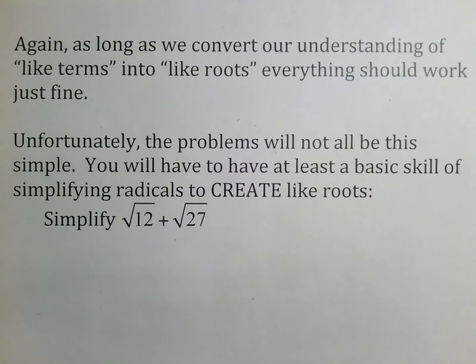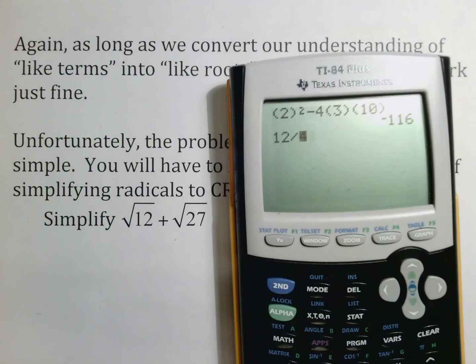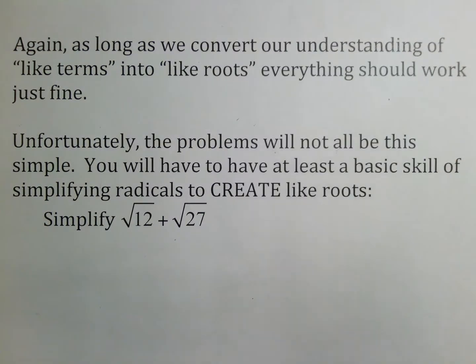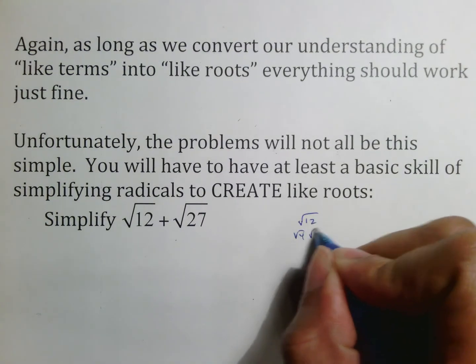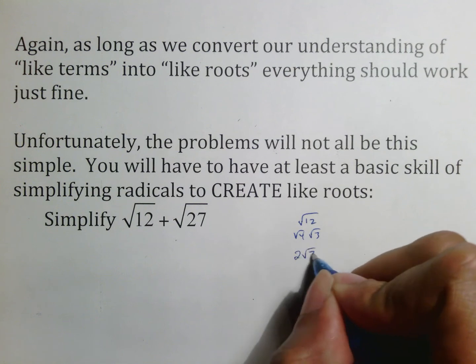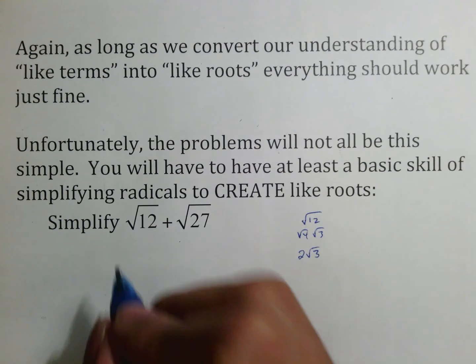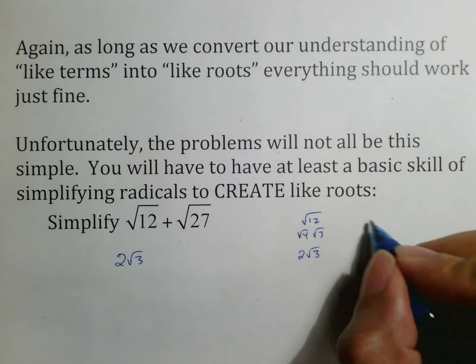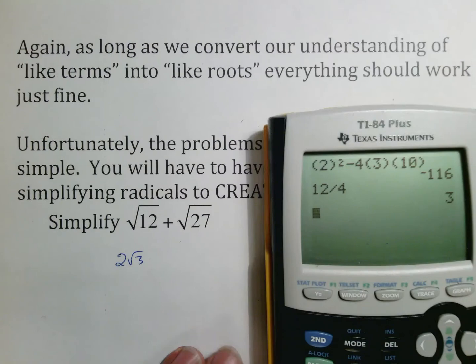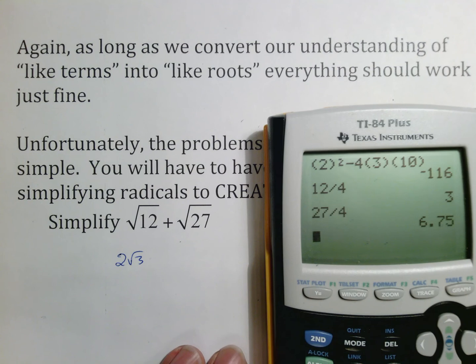But doing what we know to do, does 12 divide by 4? Yep, 4 times 3, so we can turn, and I would do this off to the side, root 12 turns into root 4, root 3, which is 2 root 3. So this turns into 2 root 3. That still doesn't match. But if we look at root 27, I know 4 doesn't go into 27, but I think 9 goes into 27.